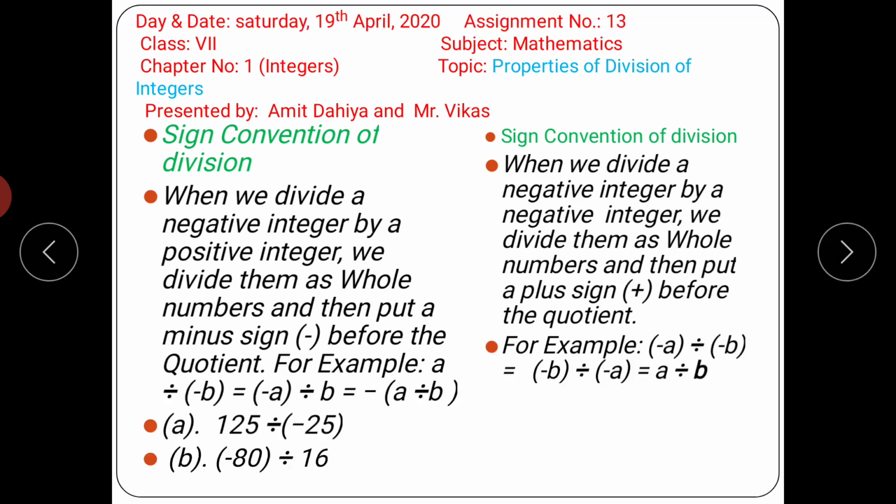For example, minus a divided by minus b, or minus b divided by minus a, will always give a divided by b without sign; divide as whole numbers.